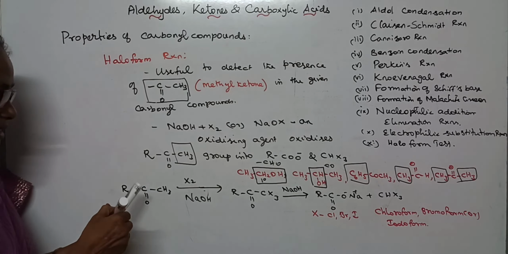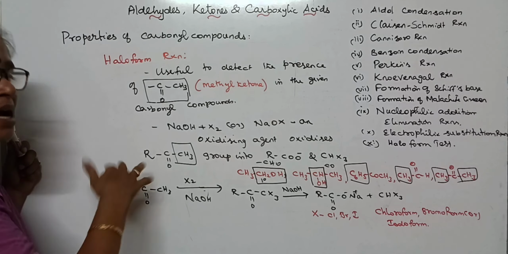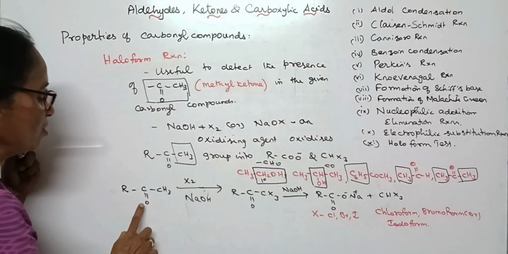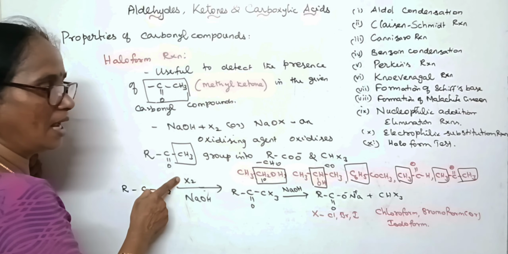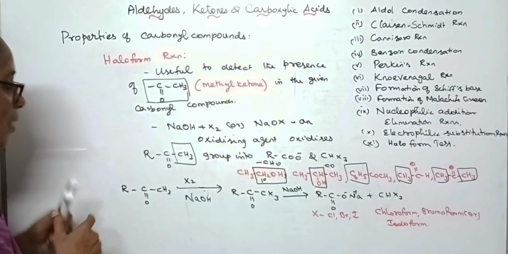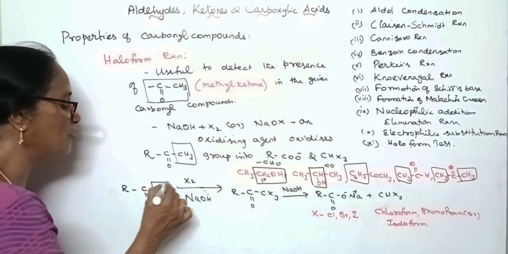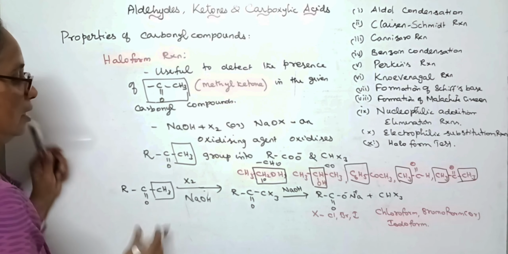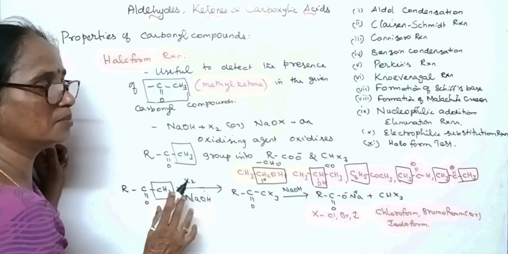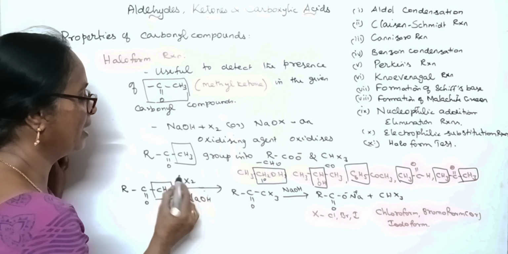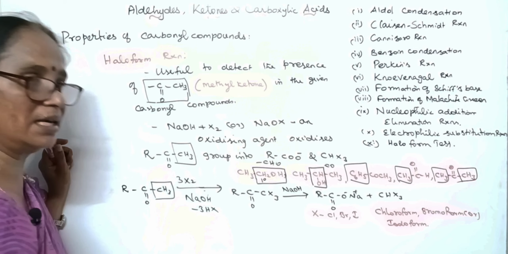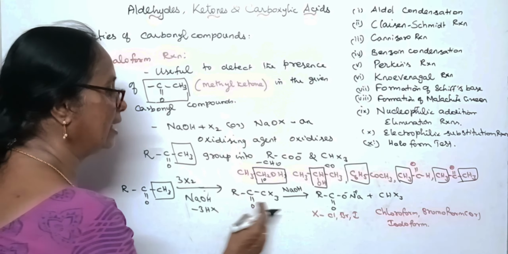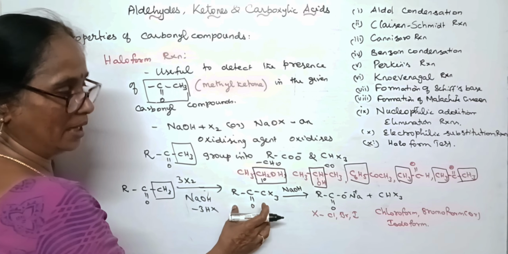So let us take an example. Any carbonyl compound having a COCH3 group is treated with the halogen in the presence of a base. This methyl group is first of all halogenated. All 3 hydrogen atoms are substituted by 3 halogen atoms, so there would be a loss of 3 hydrogen halide. So we get a trihalocarbonyl compound.